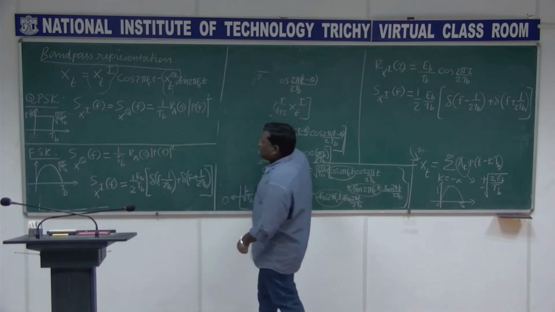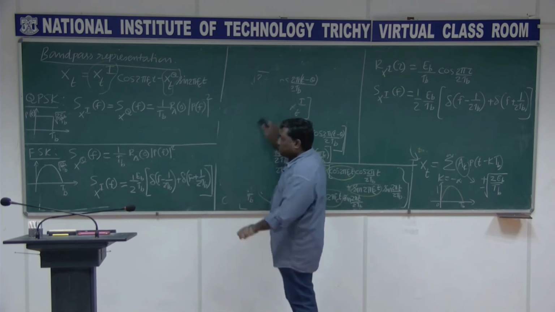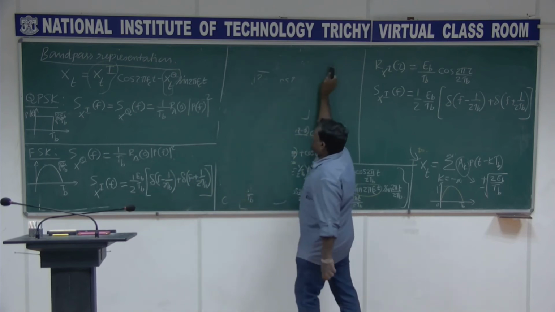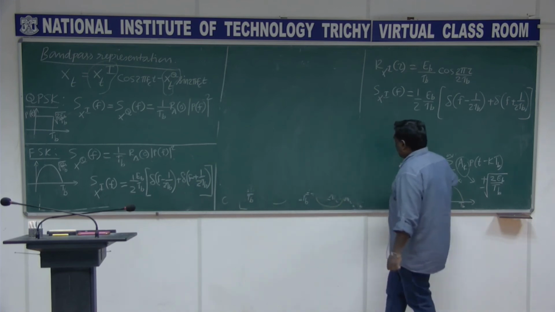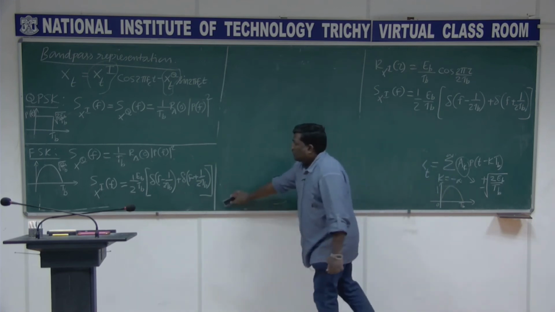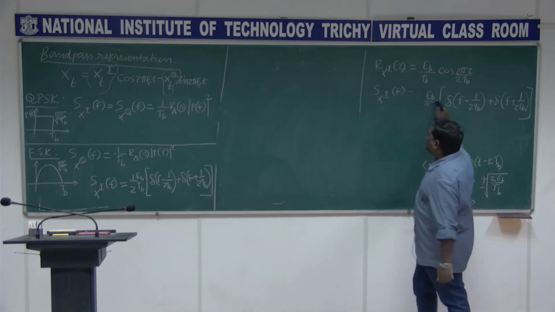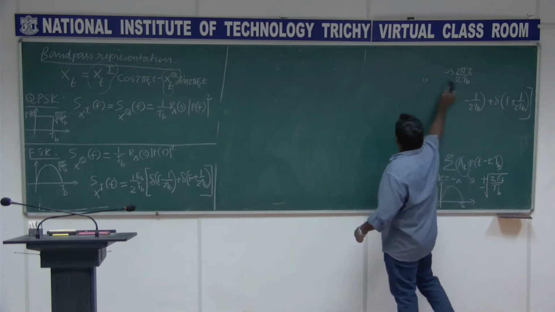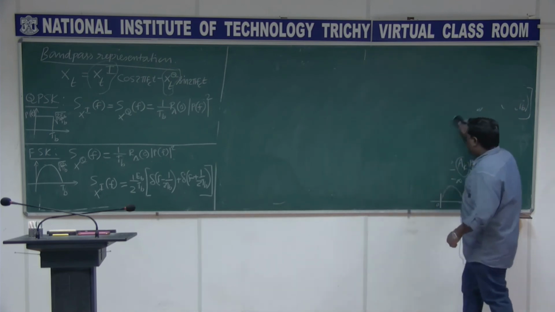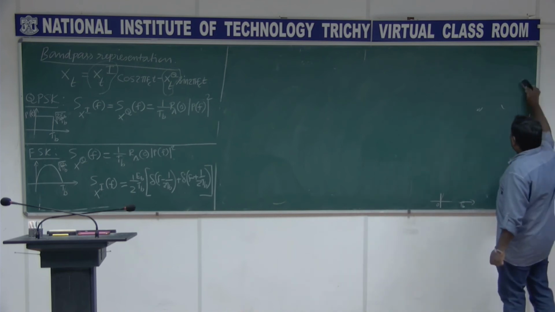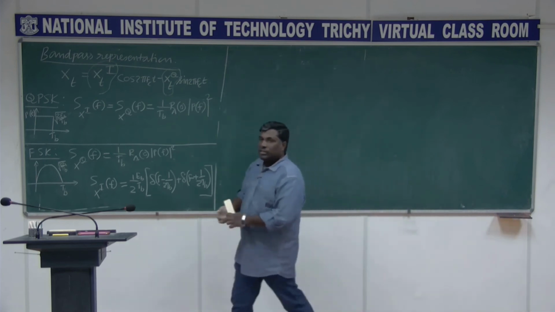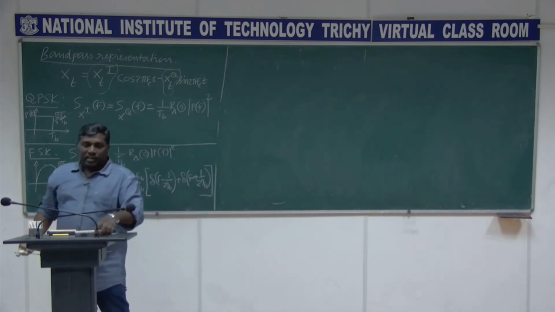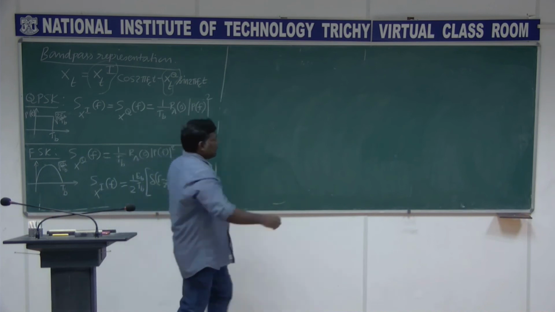So now the main important point: we got this in phase and quadrature component for QPSK and FSK, but what we really need is the relationship between S x of f, S xi of f, and S xq of f. Once that is known, then it is very straightforward. I can write the result, right.